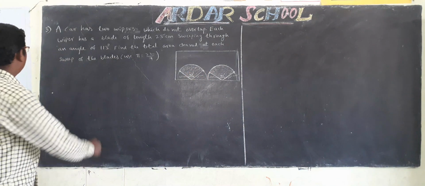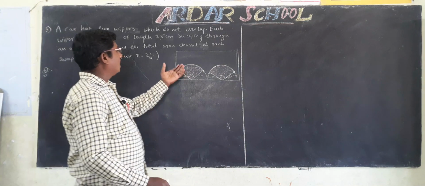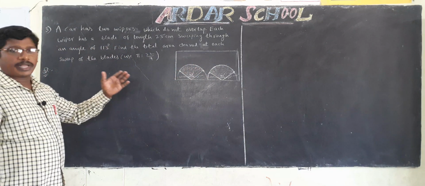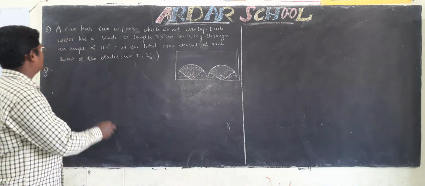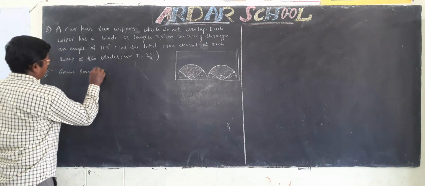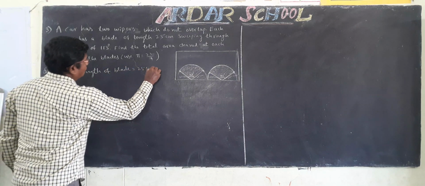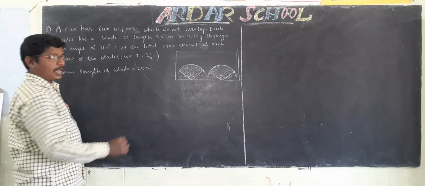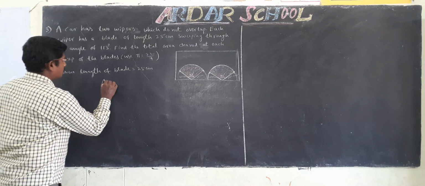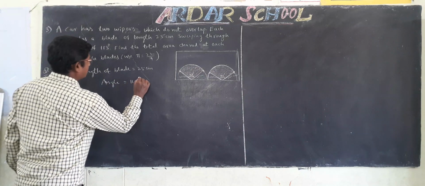Listen. How to find the area cleaned by these two wipers? First of all, you have to write what is given. Given: length of the blade is 25 centimeters, angle is 115 degrees.